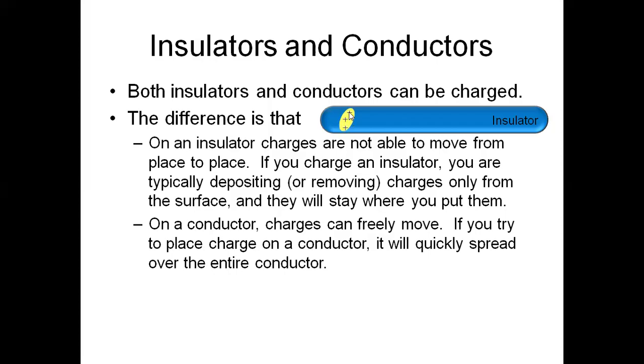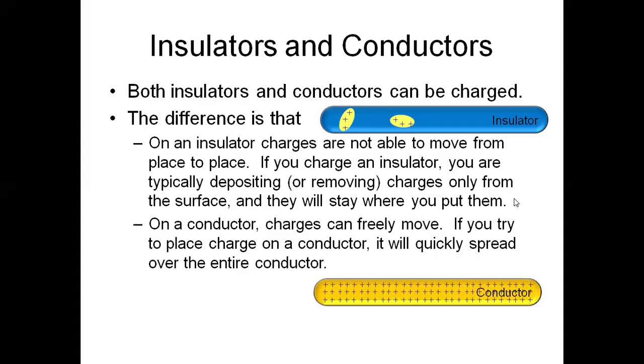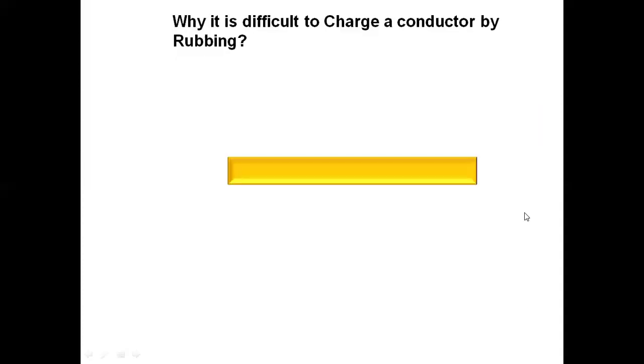So this part of the insulator remains positive. The positive charge will not move. Another positive charge is given to another place, and this will remain at this place. It will not be moving. Whereas if a charge is given to a conductor, it will move throughout the body of the conductor.